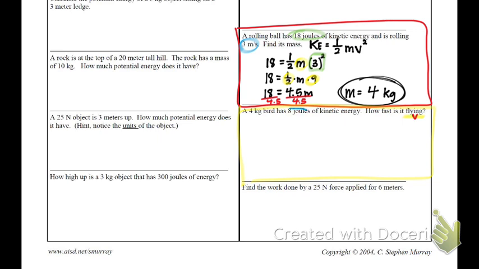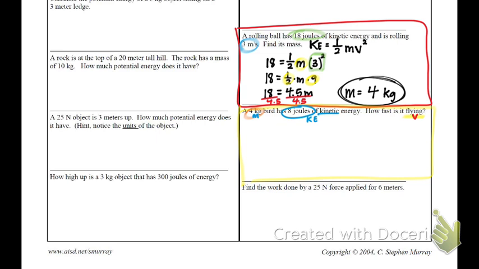They gave us 8 joules for kinetic energy. And 4 kilograms for which letter? Kilograms is for our mass.